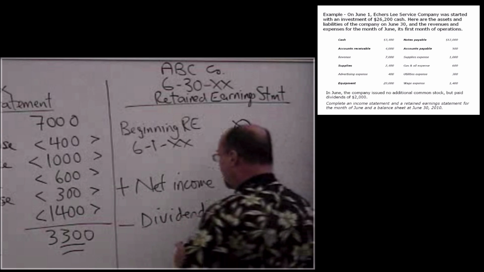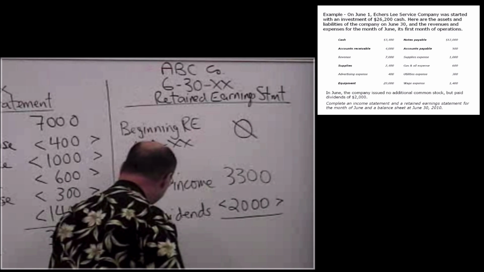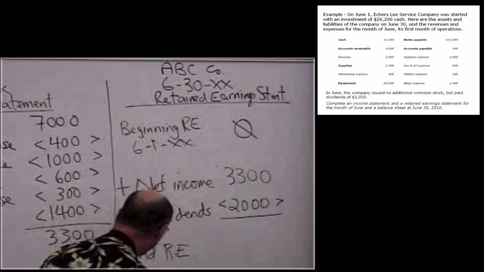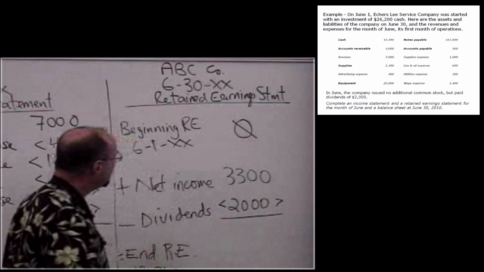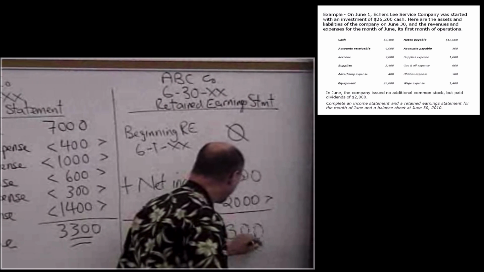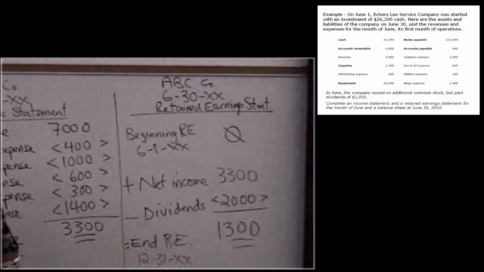And so, ending retained earnings, and I'm going to abbreviate RE, December 31st at the end of whatever year is going to be $1,300.